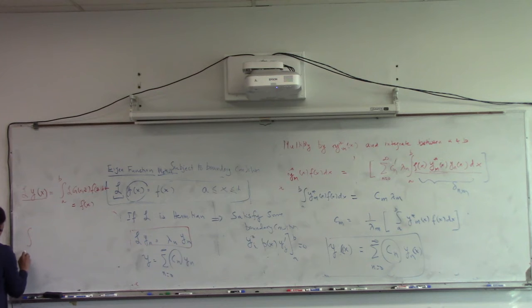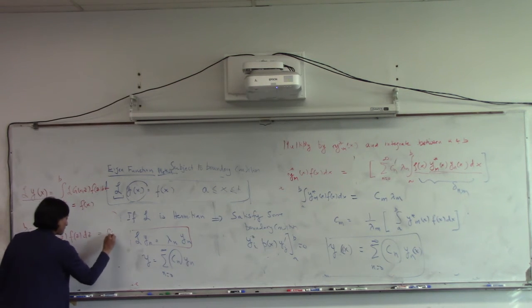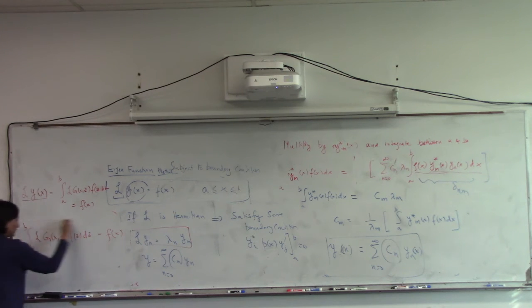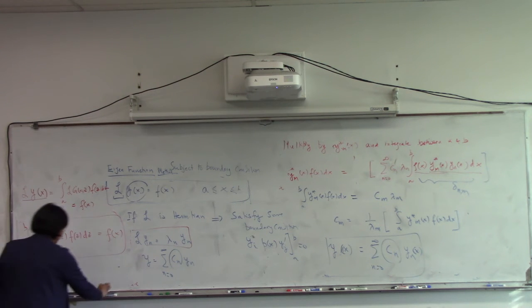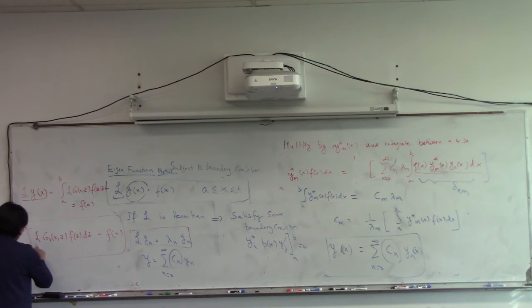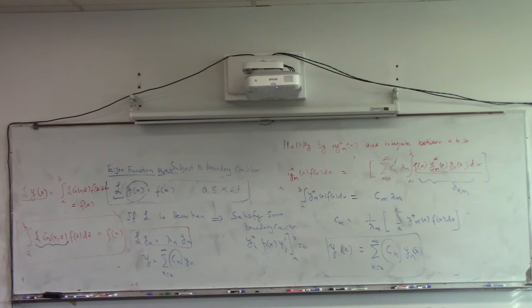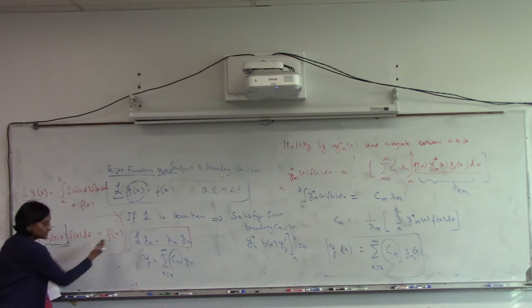So what I have is the following: the integral from A to B of L operating on G. How can I satisfy this relationship? No, I just want you to think about it as an integration, so that I can have this quantity on the right hand side.